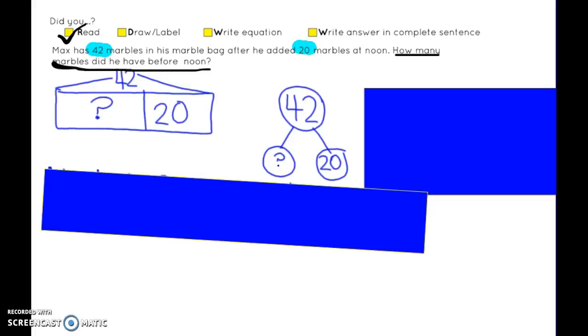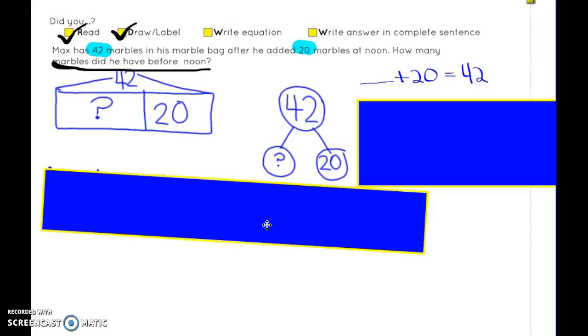Now that I have labeled and drawn my diagrams, let's take a look to see the equation or the number sentence that matches. You should have written the number sentence or equation blank plus 20 equals 42.